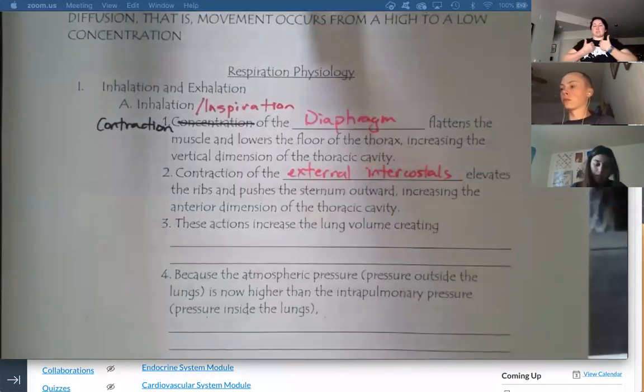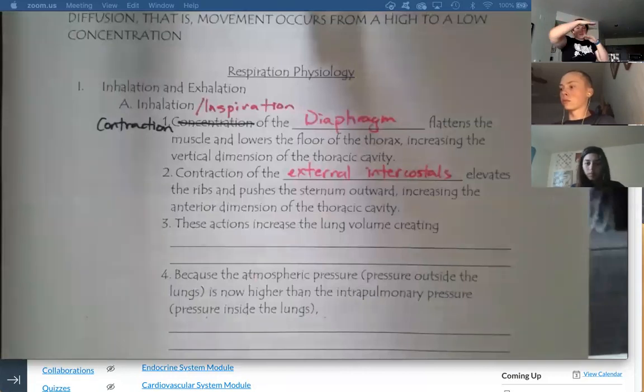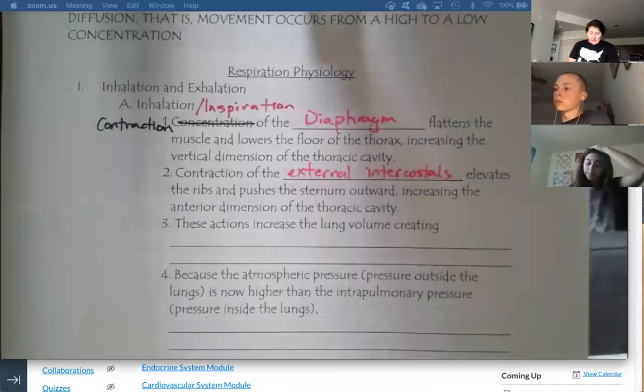So they're going to push the sternum and your ribs outward, making your thoracic cavity larger this way. The diaphragm is making it larger this way. So we're making the thoracic cavity bigger. That's the whole idea of inhalation, to make the thoracic cavity bigger.